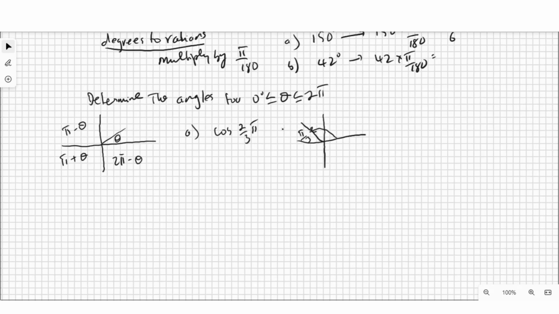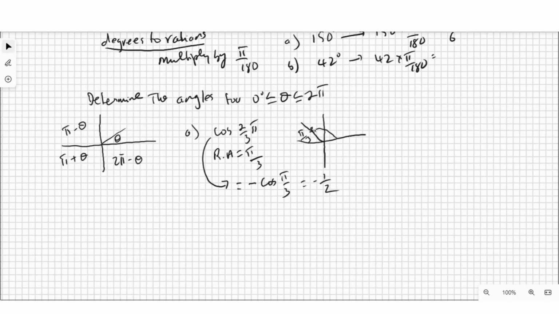So I say now, since in the second quadrant, and since the related angle is pi over 3, my angle will be the opposite of cosine pi over 3 because it's negative, which is minus 1 over 2.